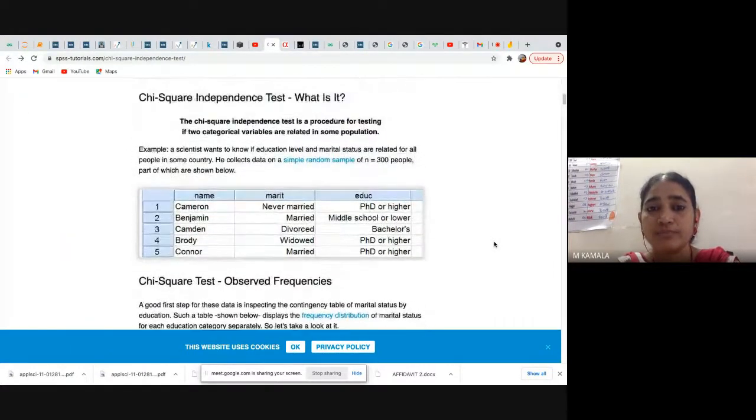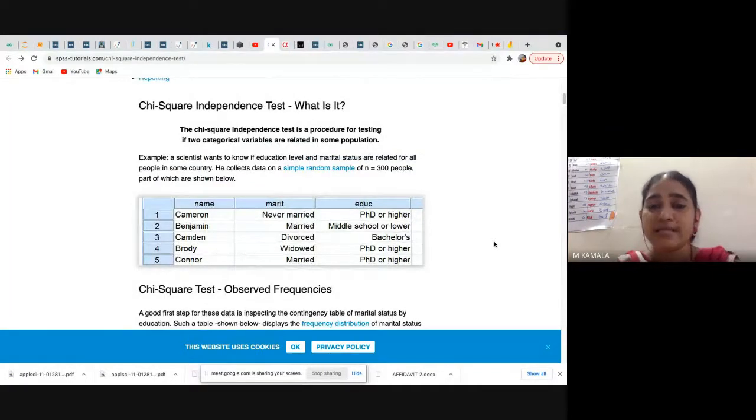Yes. Now, the example we see here is trying to relate two attributes, the marital status and the degrees they hold. The problem here, as I define it, is trying to find out the relation between the marital status and the education degrees they hold.